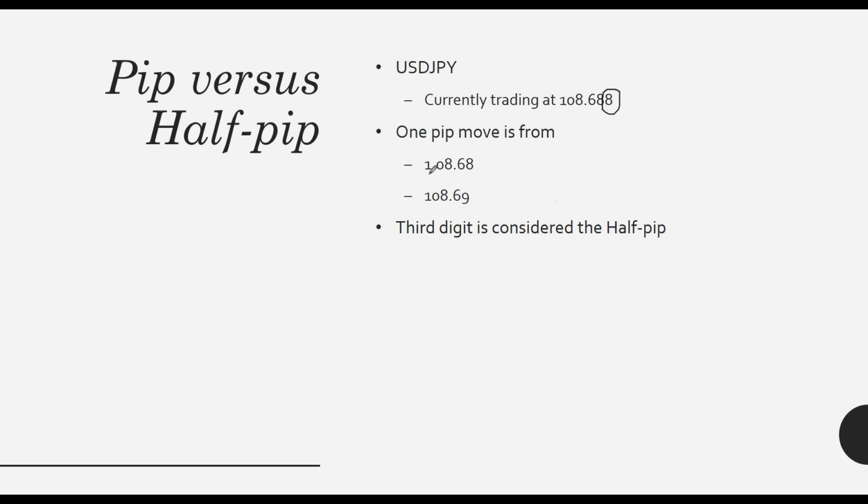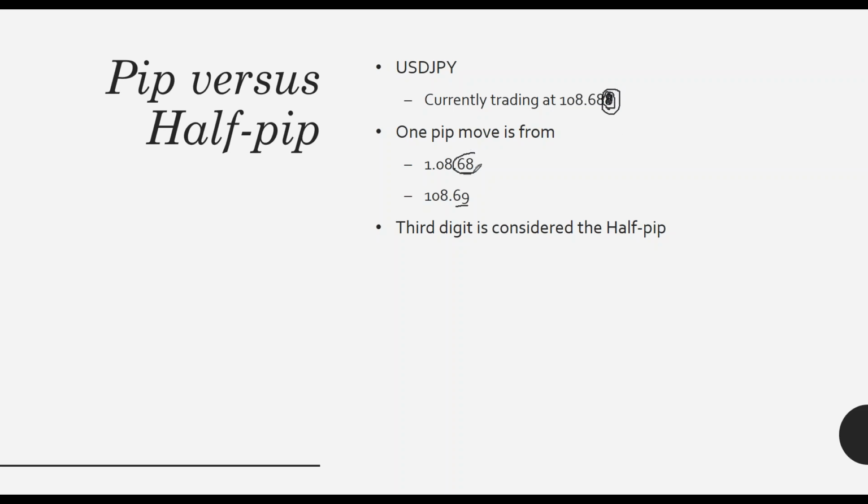A 1 pip move would be if the yen moved from 68 to 69, okay? But a half pip would be the third digit. If this one moves, that would be considered your half pip move. Now, typically, if you're trading Forex, we don't even look at that number, okay?